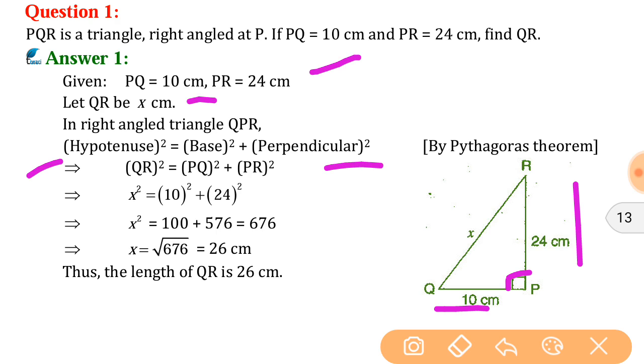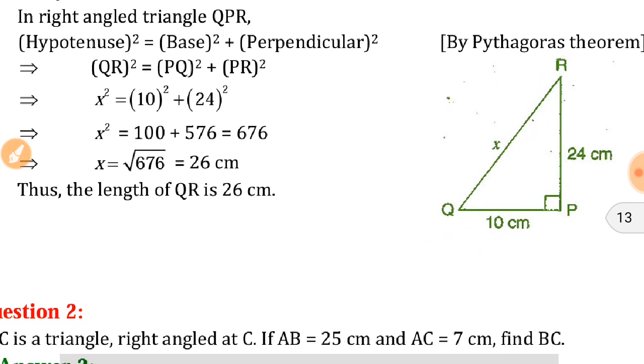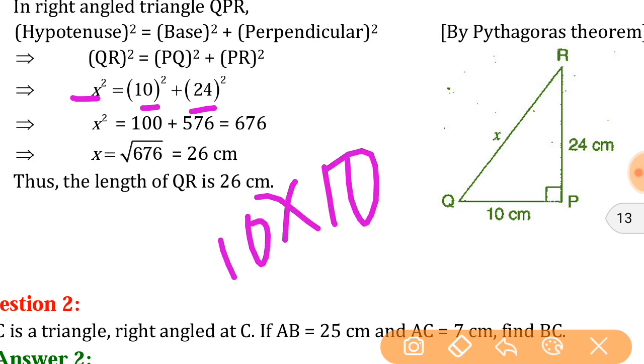If this is true, what is the hypotenuse? QR. Then PQ, then PR. Squaring, but twice we have to multiply. Then X square is equal to 10 square plus 24 square. 10 square means 10 into 10. 24 square means 24 into 24.